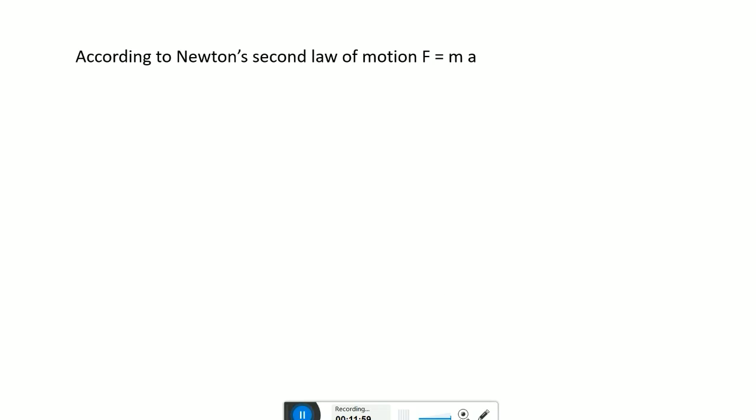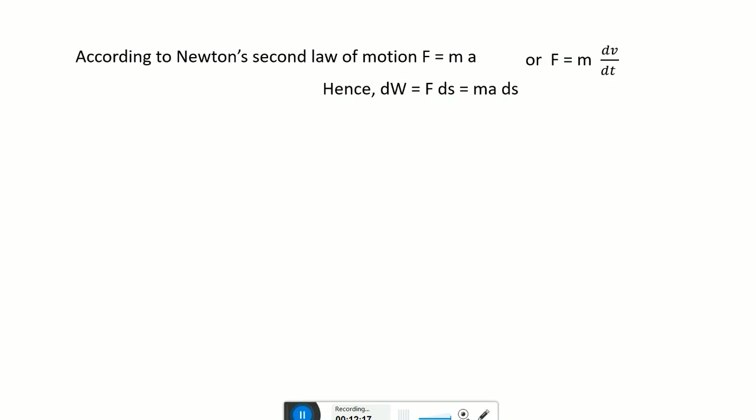According to Newton's second law of motion, F is equal to ma, or F is equal to m into dv by dt. As we know that a, that is acceleration, is nothing but rate of change of velocity.